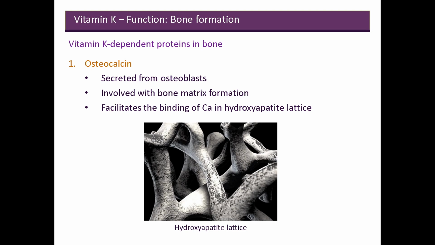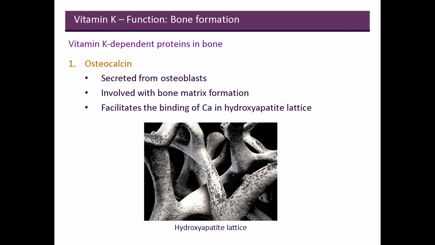So the second function of vitamin K is bone formation. Vitamin K is also involved in the carboxylation of osteocalcin. Osteocalcin is a protein hormone. So, osteoblasts secrete osteocalcin. Please remember osteoblasts help in bone formation.